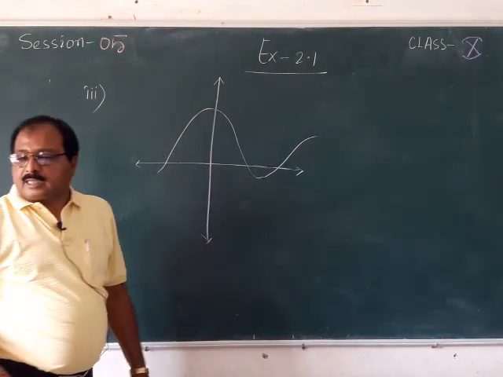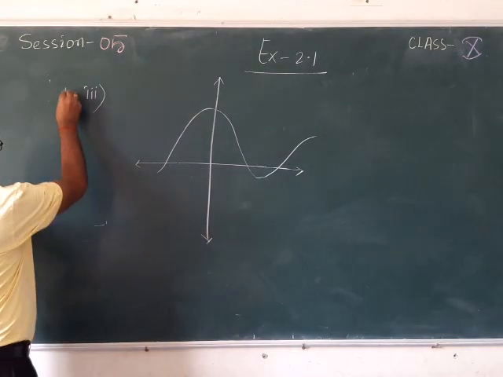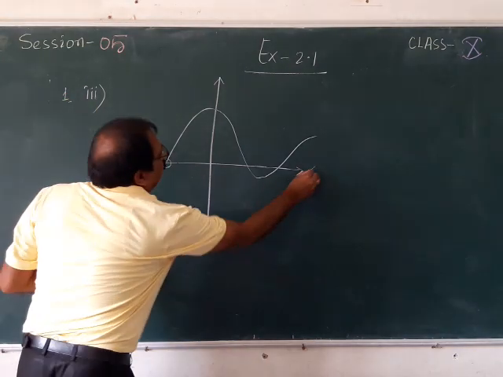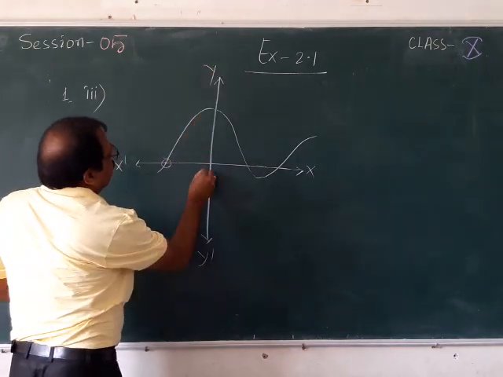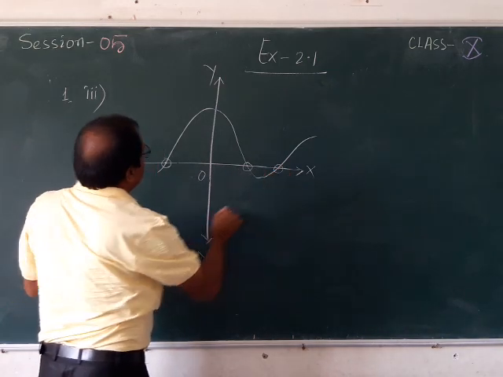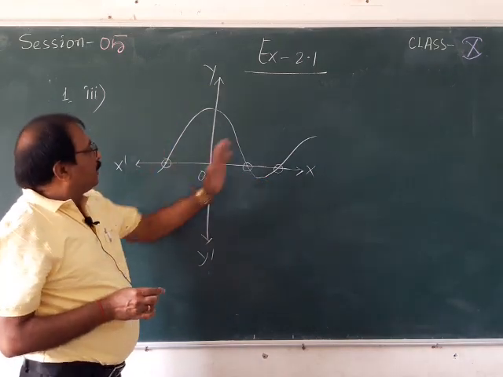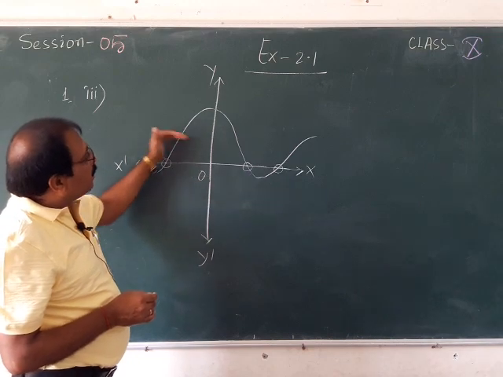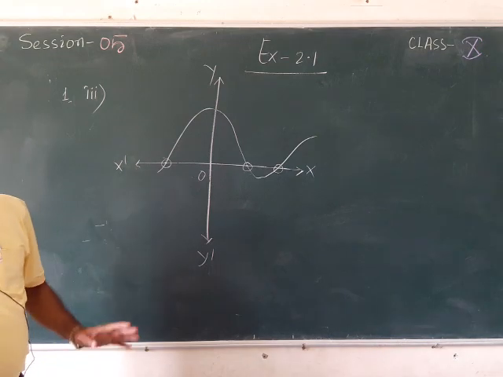See, this is the graph of the third question. Just count the points at how many points it is intersecting the x-axis. This is 1, this is 2 and this is 3. At 3 points the graph of this polynomial p(x) is intersecting the x-axis. That means here the number of zeros is 3.